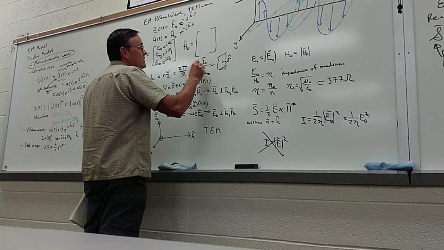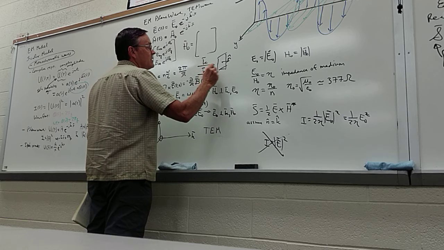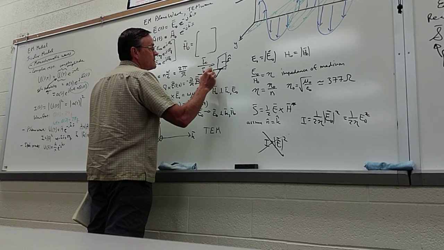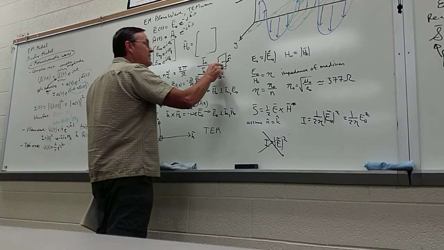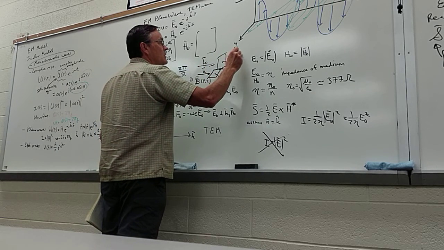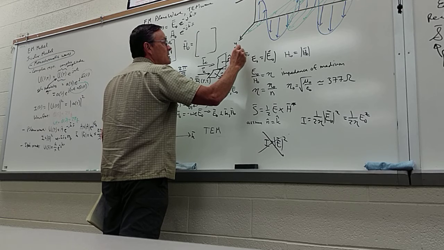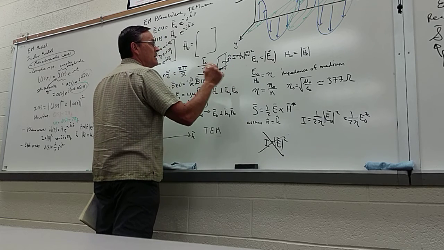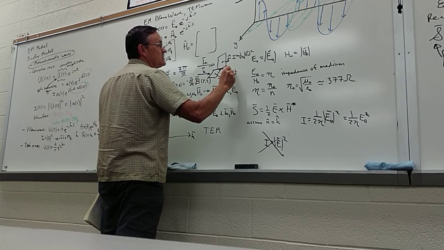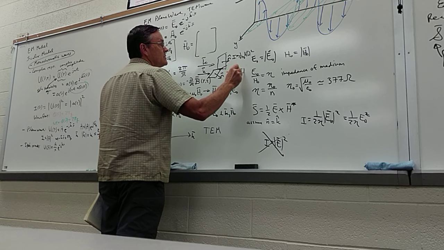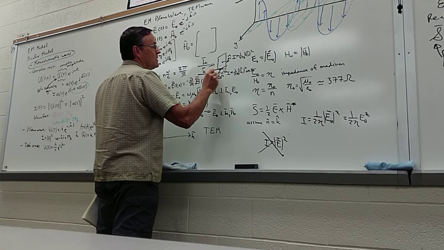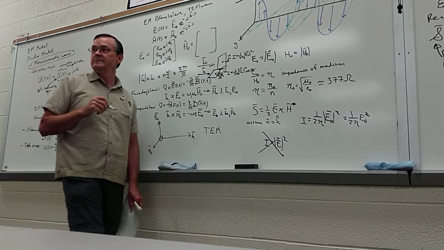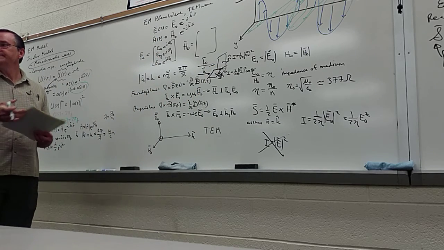If instead we said, hey, let's calculate the irradiance over a surface like that, then in this case, the irradiance is 1 over 2 times eta, magnitude E naught squared. In this case, the irradiance is 1 over 2 times eta, magnitude E naught squared, cosine of theta, where theta is that angle. So that's how it works out.